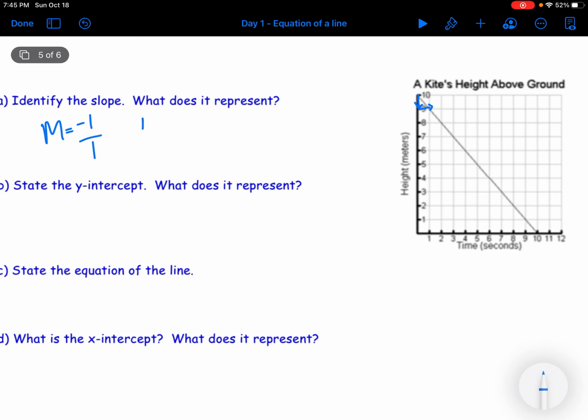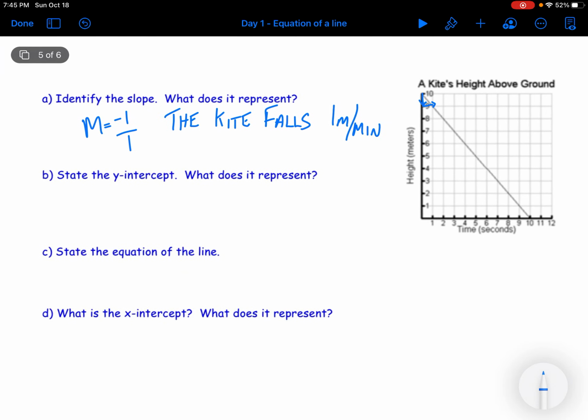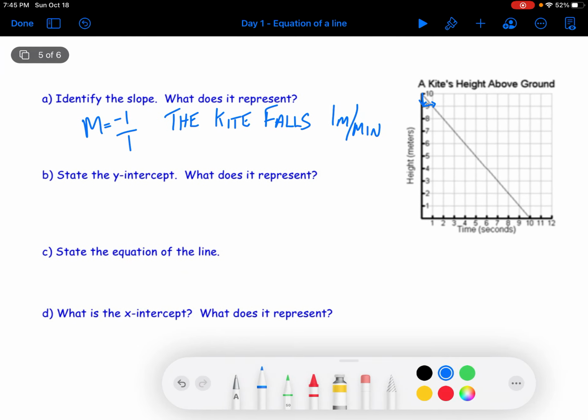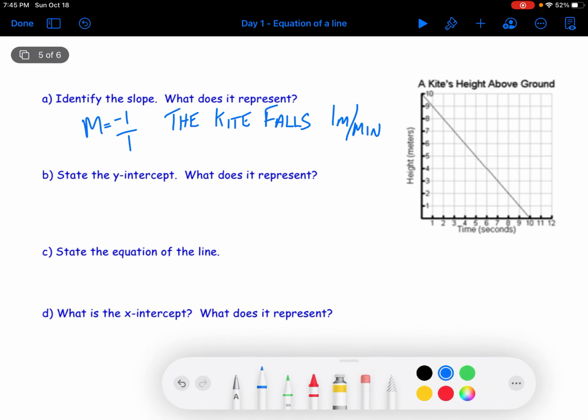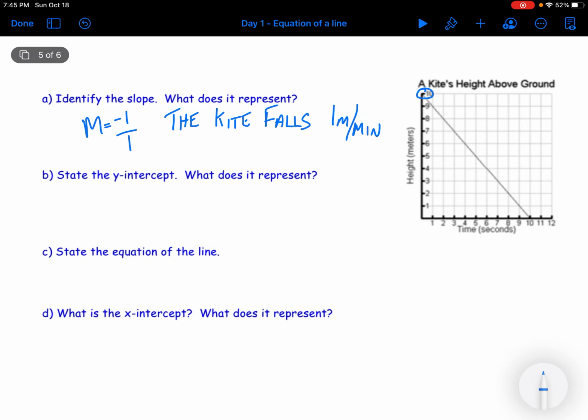So the kite falls 1 meter per minute, or goes down, or is descending, however you want to put it. State the y-intercept. Well, the y-intercept is up in the corner there. The y-intercept is going to be 10 right at the start. So our b value is 10, and it's the kite's initial height.